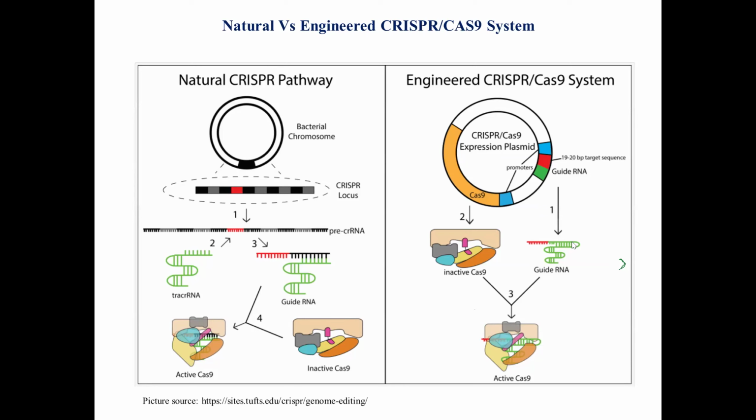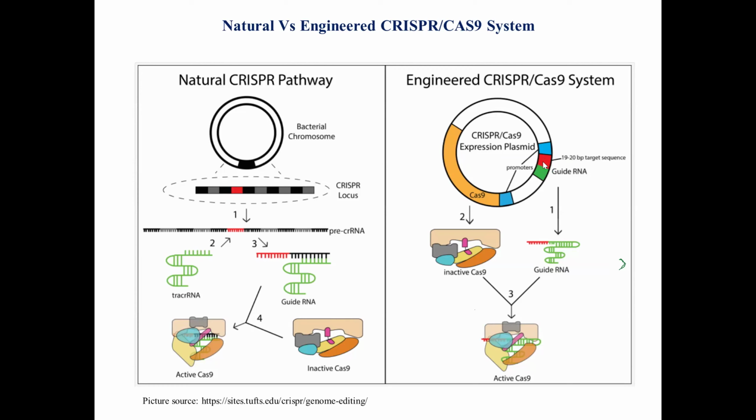The single guide RNA also binds the same way to the Cas9. The advantage is that this entire RNA molecule can be expressed under one promoter. Can you see the red part and green part? The blue one is the promoter, and the DNA sequence of the guide RNA is cloned here. So this will express inside the cell.